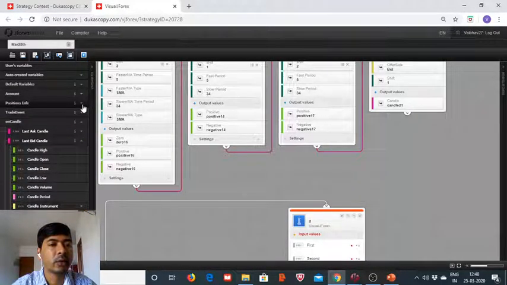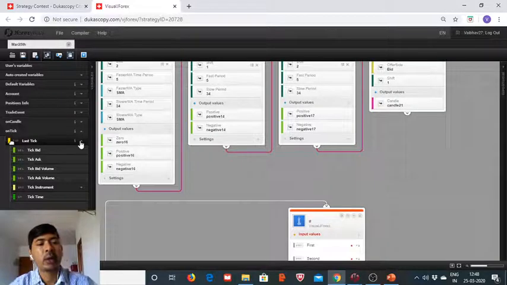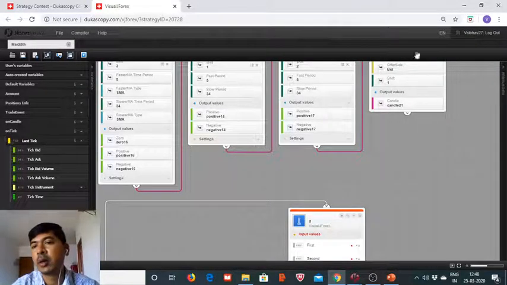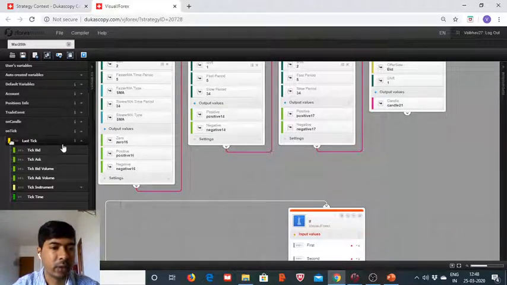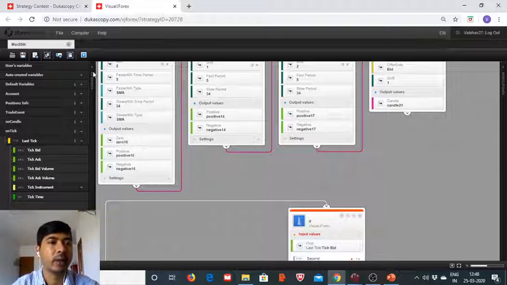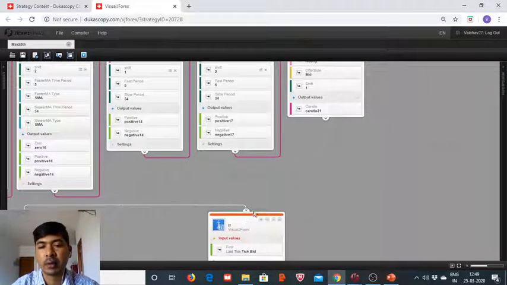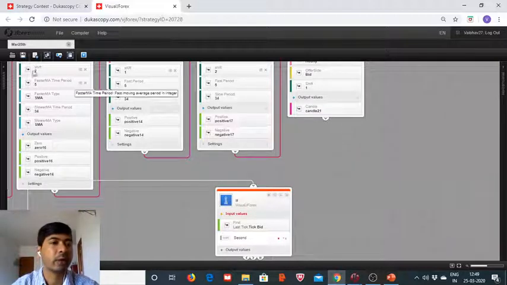Okay, on candle, on tick, the last tick, and it is on the bid side, so we check for the bid value. Last tick bid should be less than the candle 21's high.